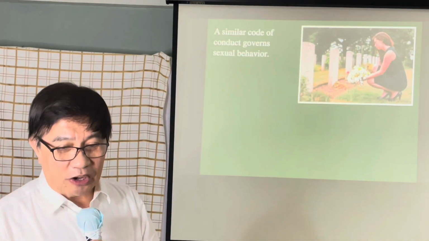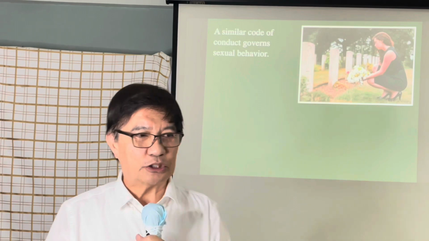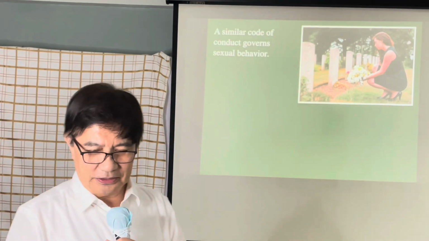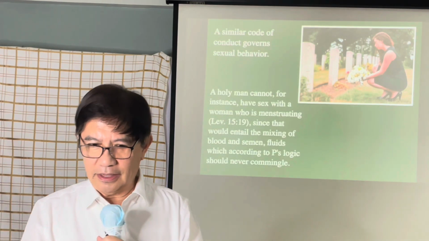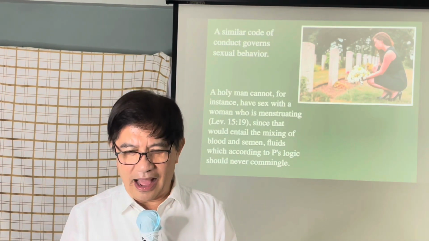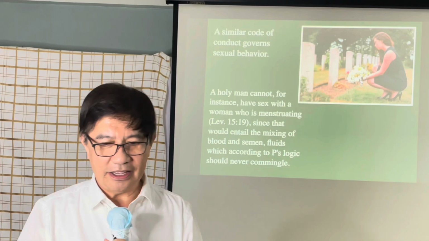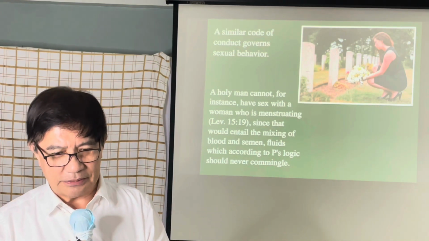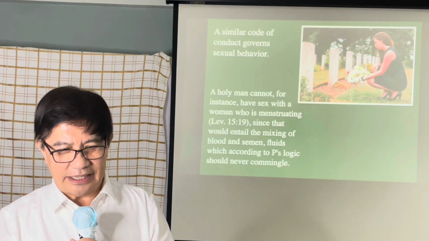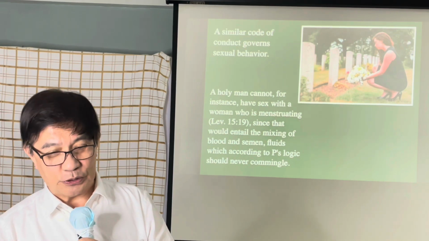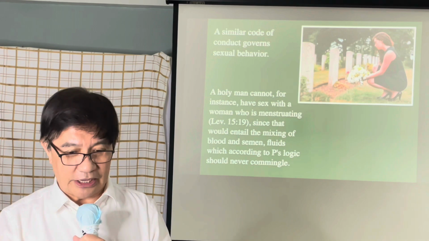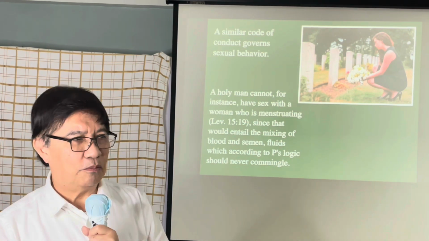A similar code of conduct governs sexual behavior. So, Howard, take note. A holy man cannot, for instance, have sex with a woman who is menstruating, since that would entail mixing of blood and semen, fluids which, according to the priestly logic, should never commingle.